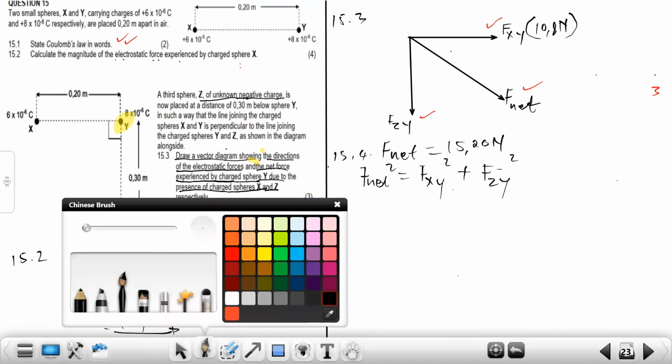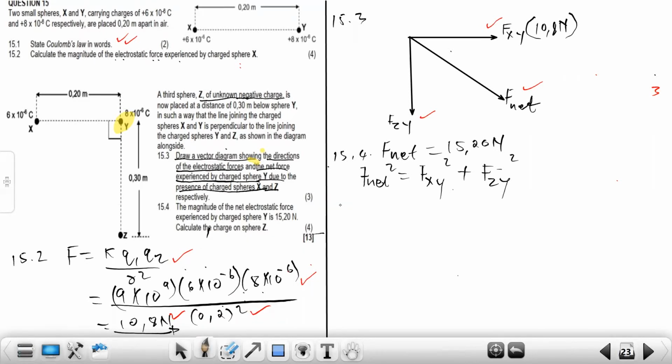But what is it that I have? I have that F net is 15.20 squared, I know F of XY is 10.8 squared. Now I am looking to calculate F ZY. So what am I going to get?